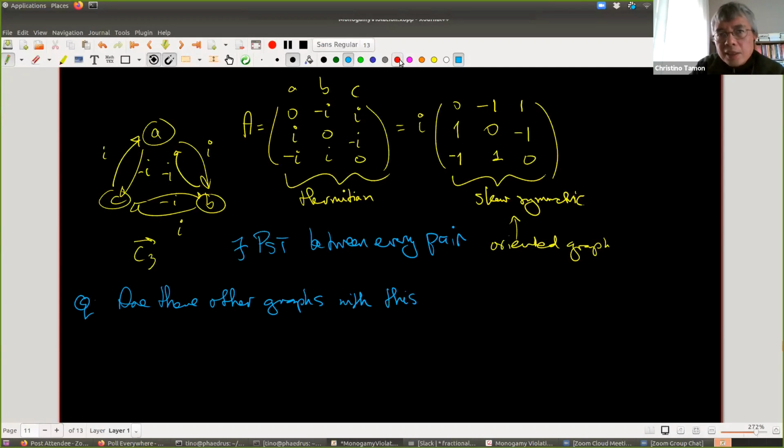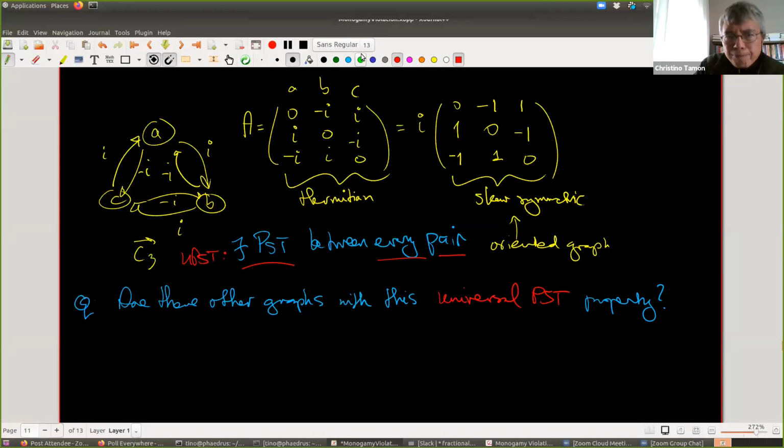And let's say this is what we would call the universal PST property. So the definition is here. There exists PST between every pair, right? So let's say this is what we call universal PST. And we have an example of this.